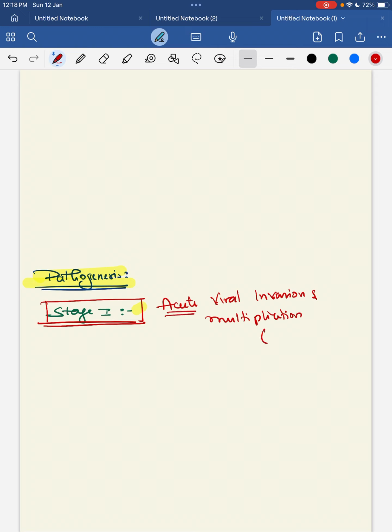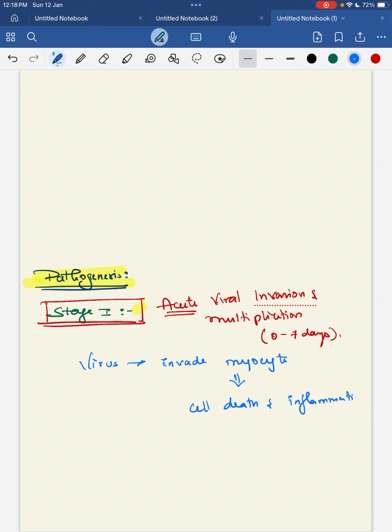The virus will invade the myocyte, and that invasion leads to cell death and inflammation. Cell death can be either due to cell necrosis or an apoptotic process.